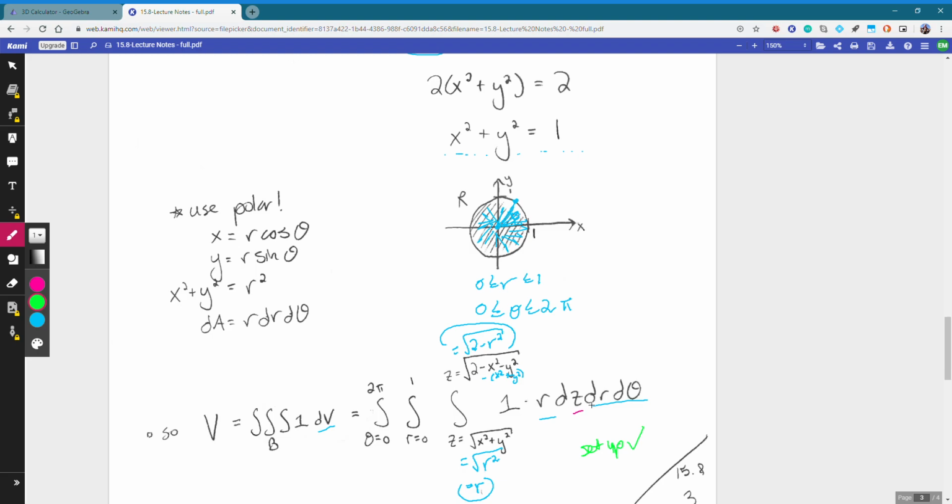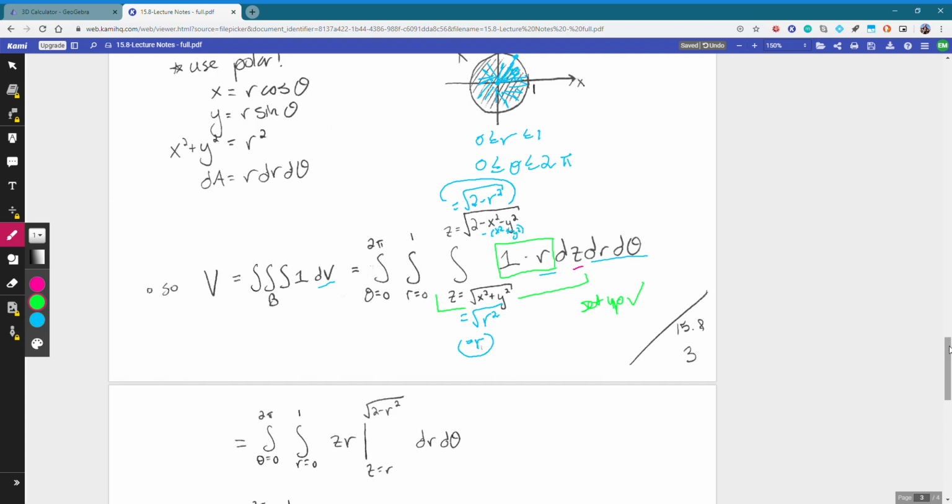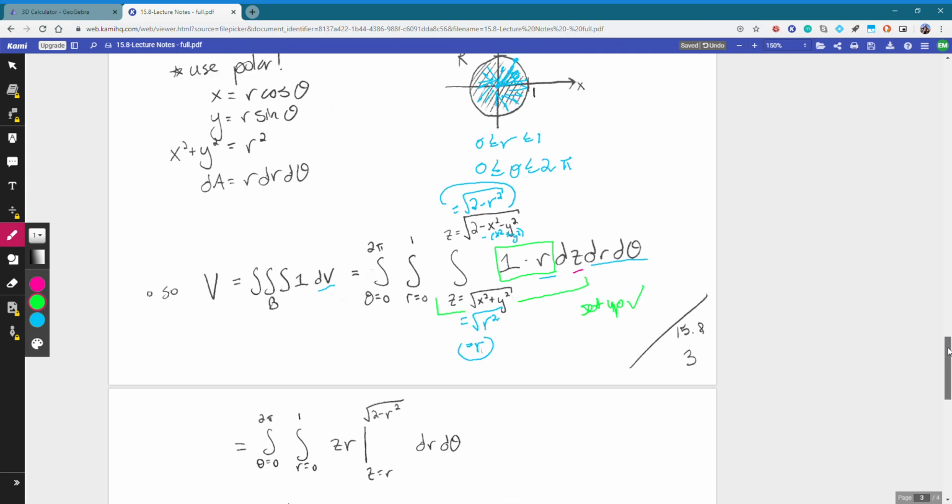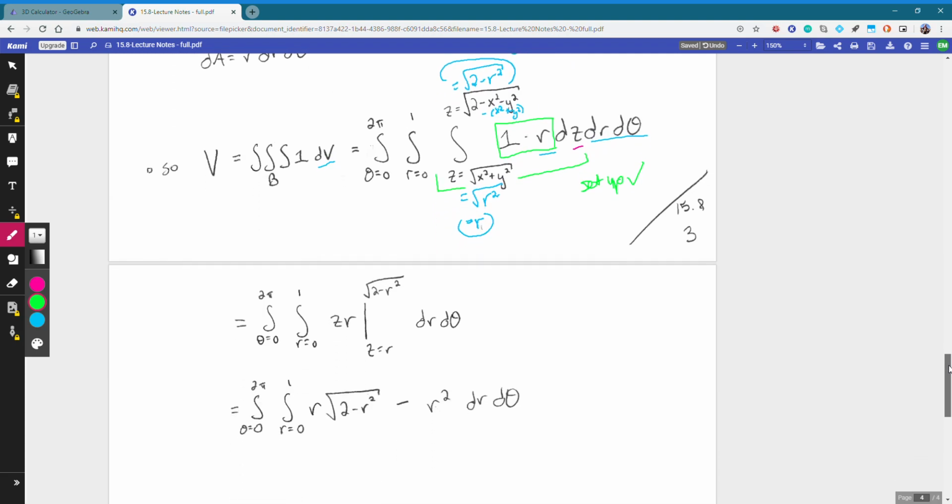For our first integral, we're thinking of z as our variable. And here looking at our function, this is all just a constant with respect to z. So the antiderivative is just going to be z times r. Let me bring the rest up a couple more steps.